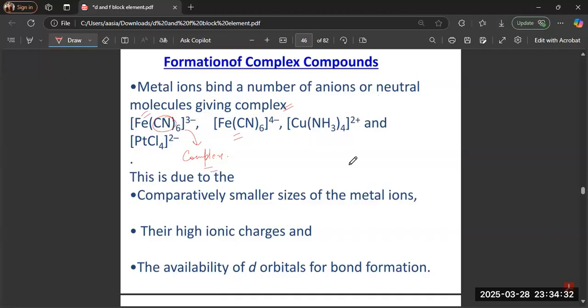It is due to the comparatively smaller size of the metal ions, their high ionic charges, and the availability of d orbitals for bond formation. That's why they form metal complexes.